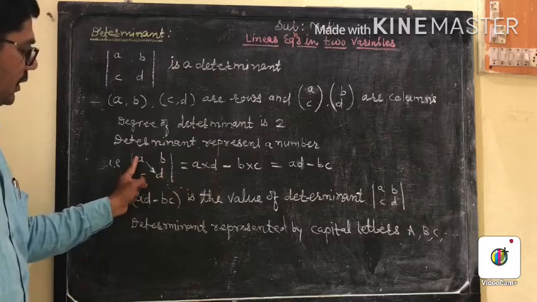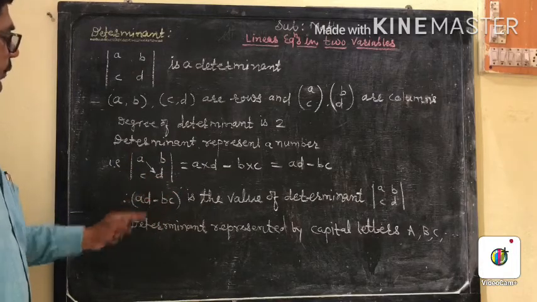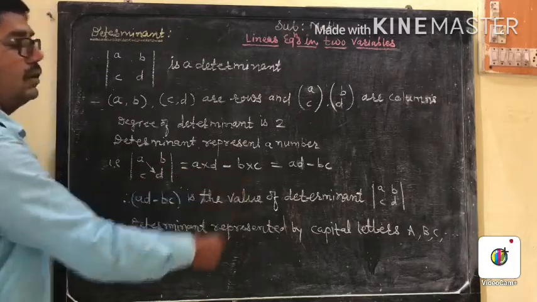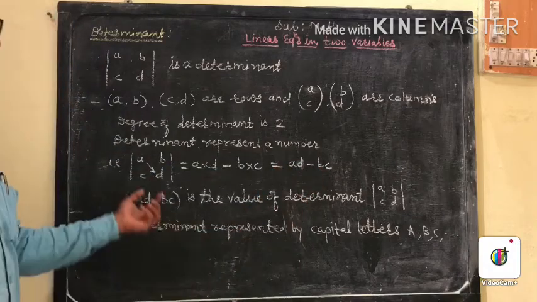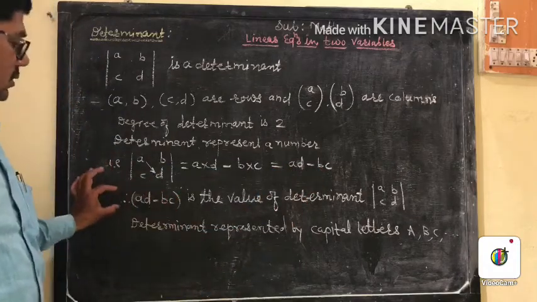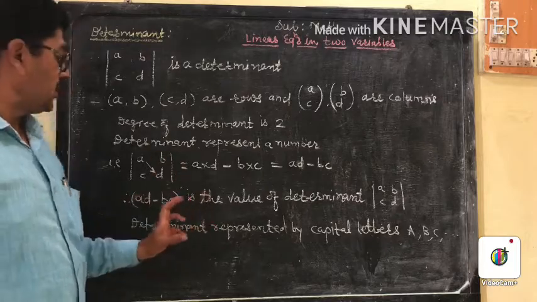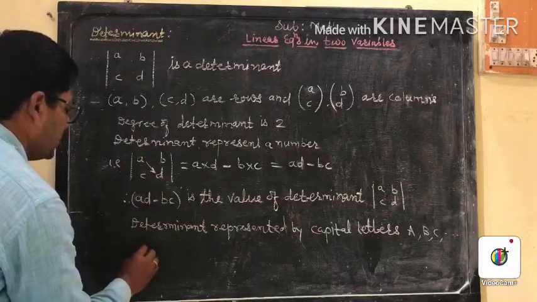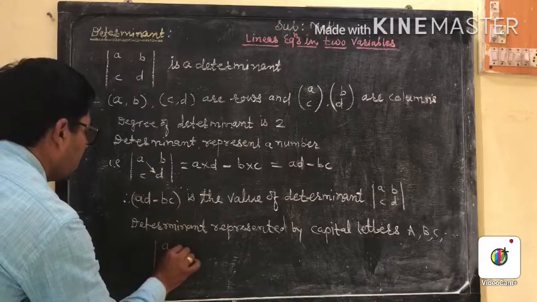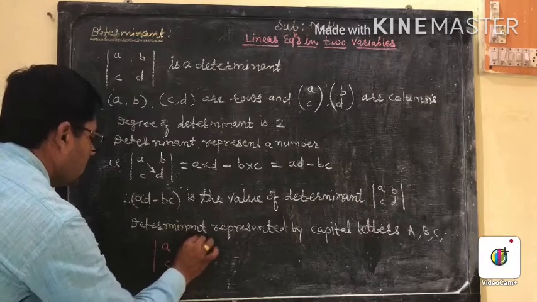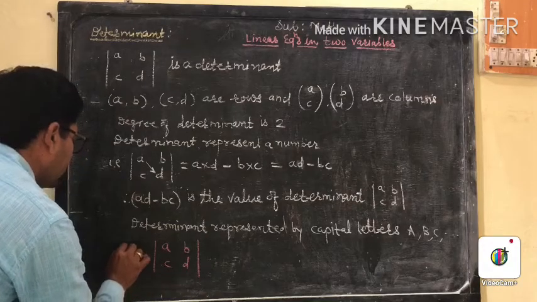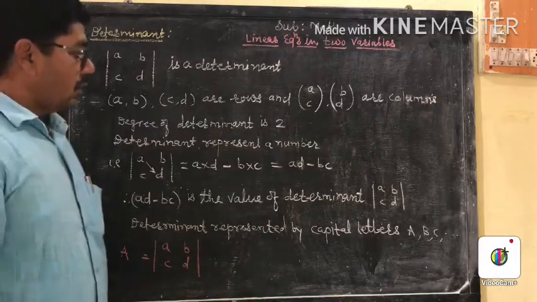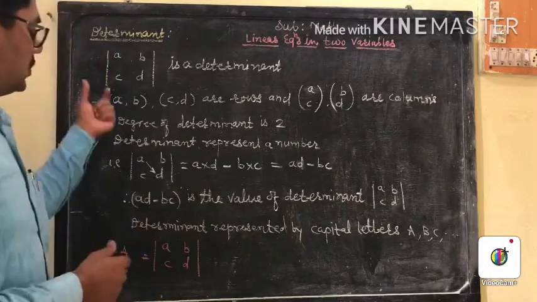First we cross multiply a into d, minus b into c, and this is called the value of the determinant. A determinant is always represented by a capital letter, like A, B, C, or delta. Now, how do we find the values of a determinant?